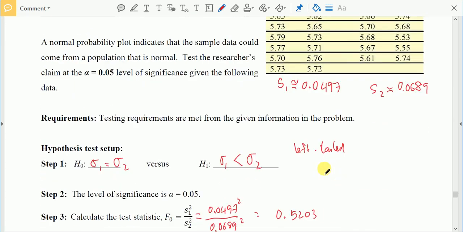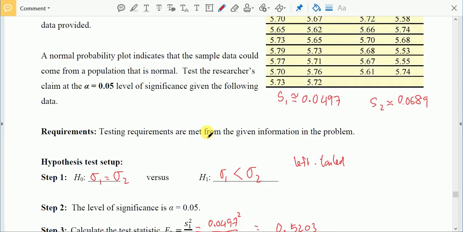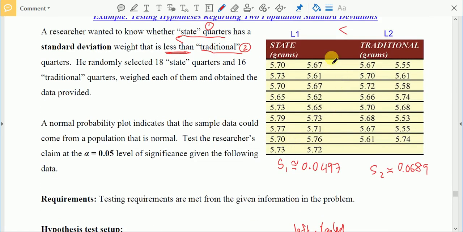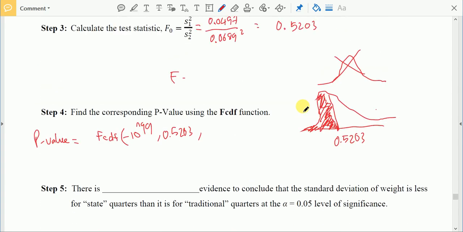For the top, which is the first population S1, we have N1 to be 18 data. So we have N1 minus 1 for the degrees of freedom, or 18 minus 1, or 17. And then the next one we have 16 data, so the degrees of freedom for the bottom is 16 minus 1, or 15.